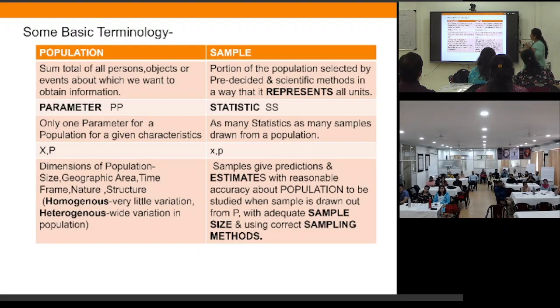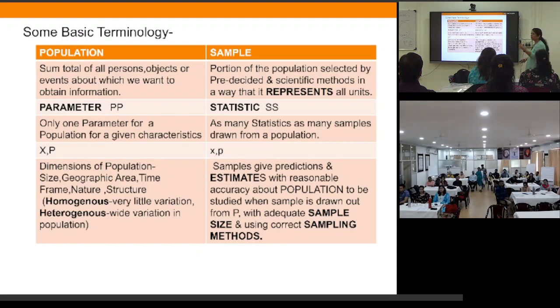So what you do is pick samples. Population parameter, sample statistic. This is the terminology. Population parameter is this, sample statistic is this. PPSS. Only the population has one parameter, while statistics can be many. I took a sample from Maharashtra, there was one estimate.